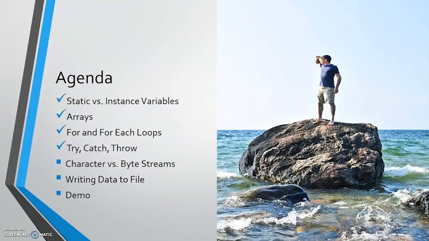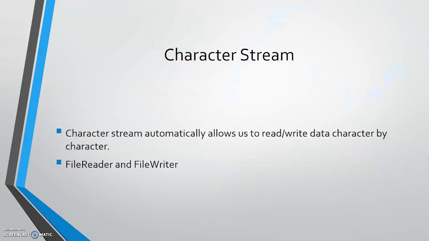All right, we're going to talk about character versus byte streams. First off, our character stream really is anything that you want to display to the user right away. It usually is done in 16 bits, and it's regular text or things that you want the user to see right away.